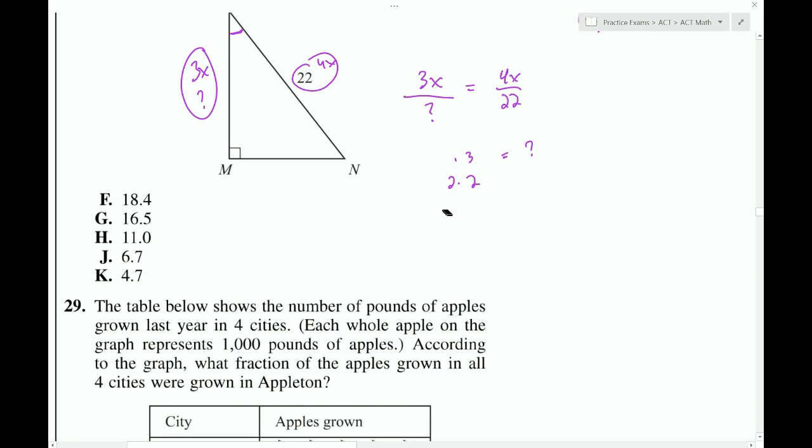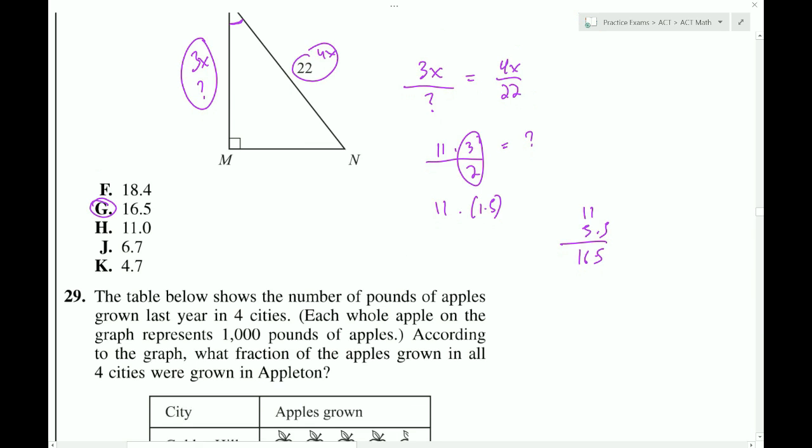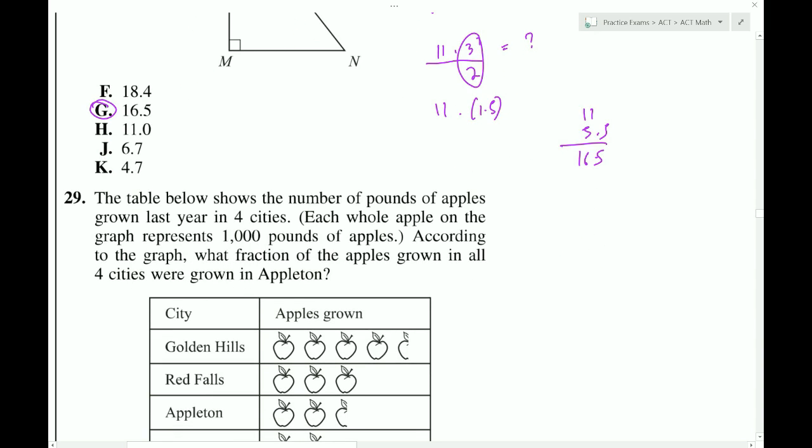So I can cancel that out, making it 11. And then basically here I have 11 times 1.5. So half of 11 is what, 5.5? So add that back to 11 and we get 16.5. Of course you can use your calculator there, make it a little bit easier at the end, but okay.